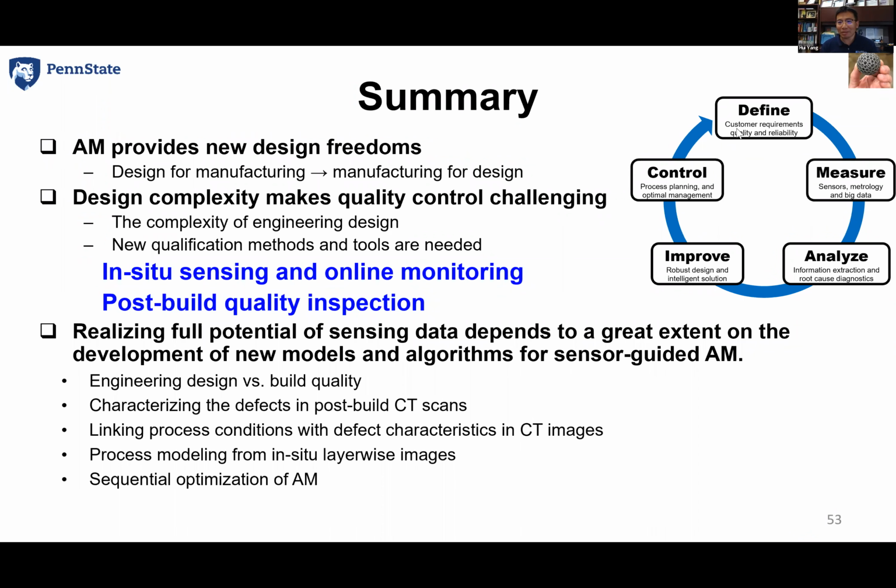And now IE can really improve the quality, improve the reliability, and make sure the production process variability is smaller, so we can have high quality parts. Those new challenges really motivate industrial engineers to think about how to develop traditional IE methods and tools, design new ideas, and then contribute to additive manufacturing.